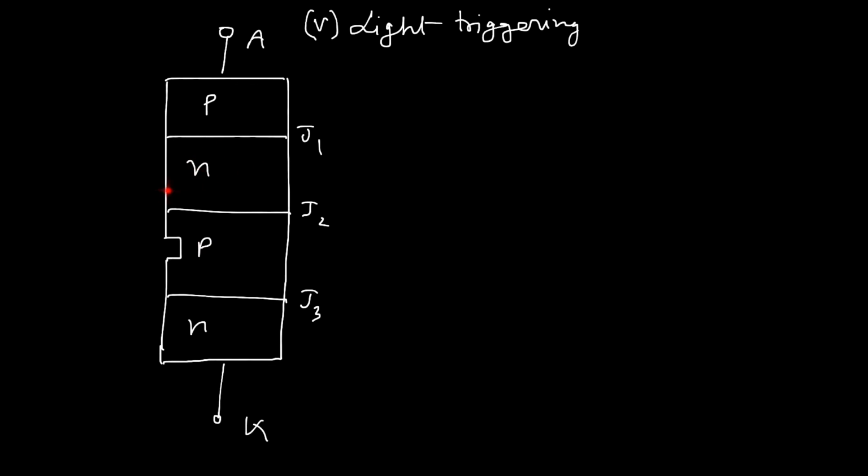That is why the depletion layer across the junction J2 will be reduced, and once it vanishes, the device starts working in the forward direction without any disturbance. In this case there is no gate signal; light itself works as a gate.